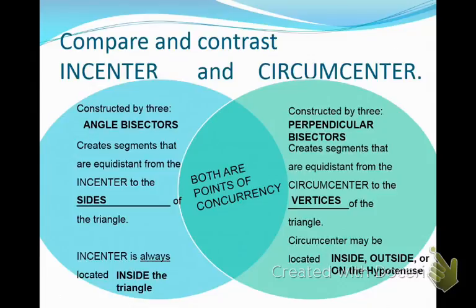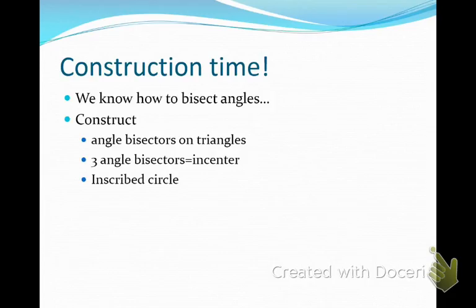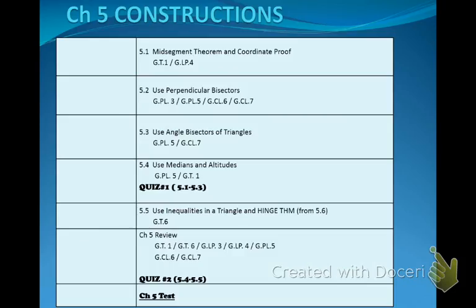Similarities. They are both points of concurrency. Concurrency means where 2 or more lines meet. All right, any questions? I think that's it. So construction time, we'll do some constructions here from the notes.